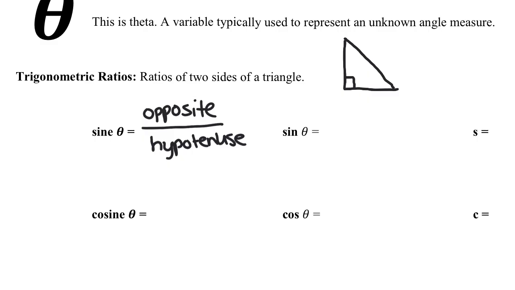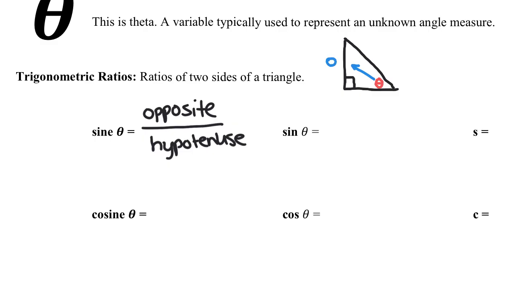So what that means is if you're given a right triangle and you're given an angle, one of the acute angles, we'll do the one below, theta, the sine is going to be the ratio of the opposite side compared to the hypotenuse. So the side opposite of theta would be over here. And then the hypotenuse is always the same.